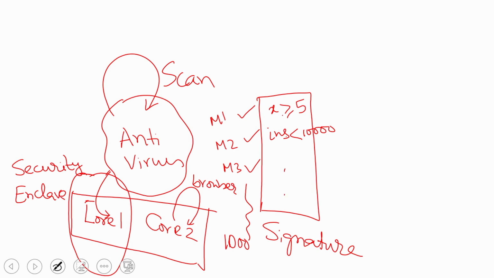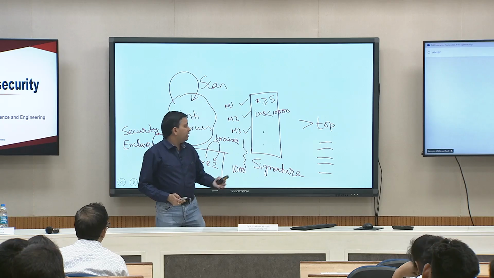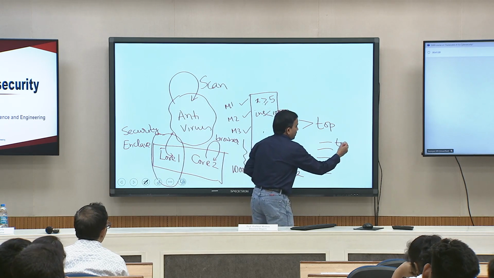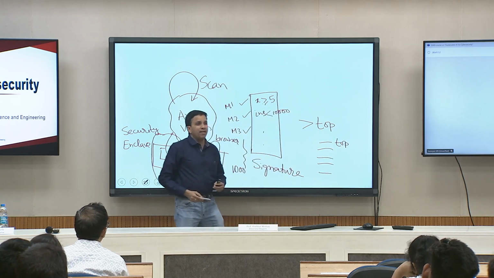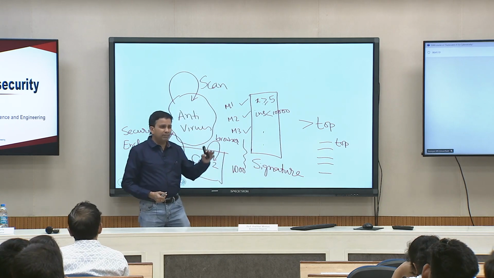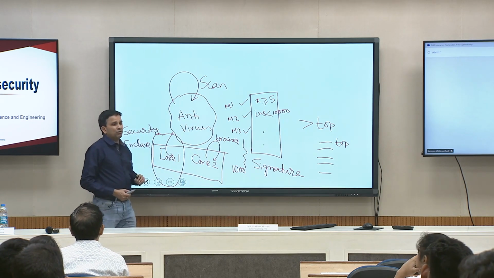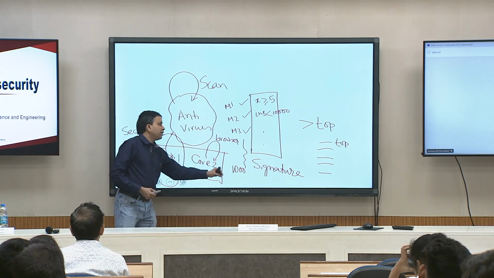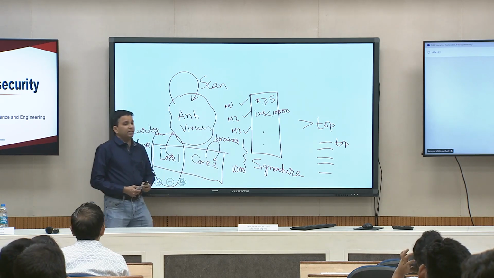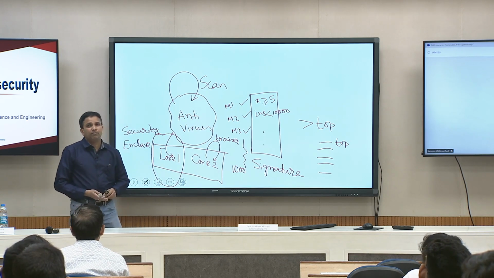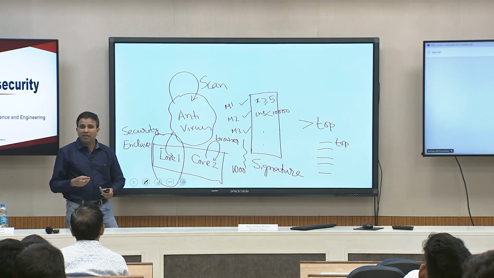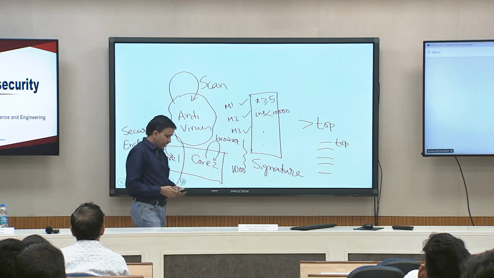That is why, if you use a Linux environment and run top on the command line, you are going to see n number of processes running, and you might wonder, wait a minute, the only thing I did was start top. Many of them are system related, including the antivirus software, which is monitoring all other software, checking the signatures, and trying to figure out whether the program currently running is malware or a benign program. Any questions?